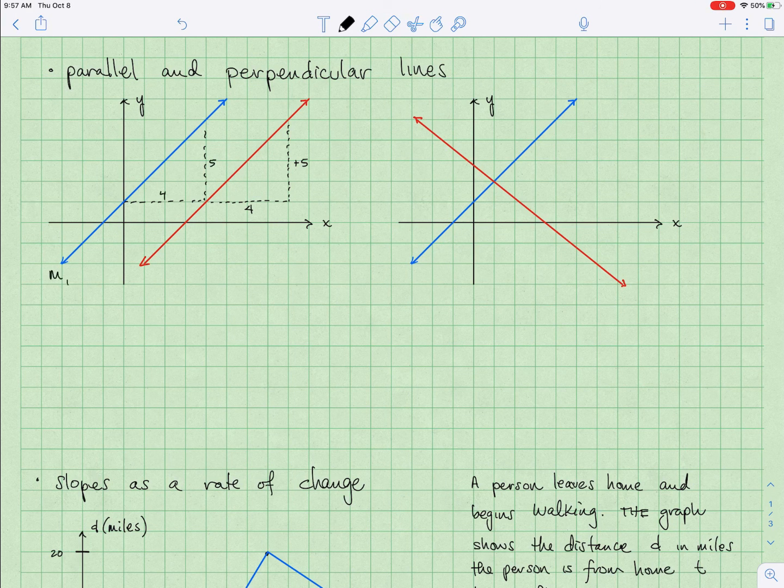That is to say, if this is slope 1 and this is slope 2, if slope 1 equals slope 2, the lines are parallel. And I shouldn't say if then. Let's actually rewrite that.